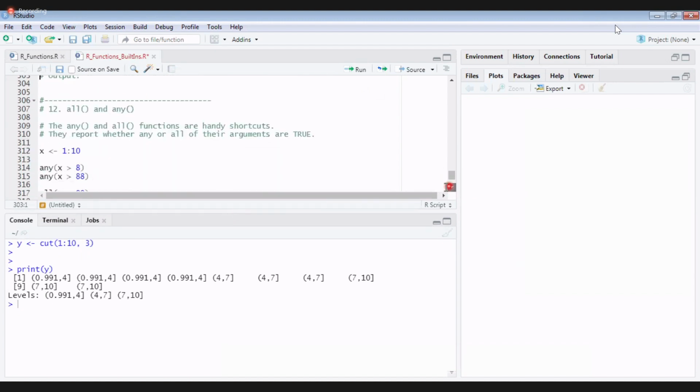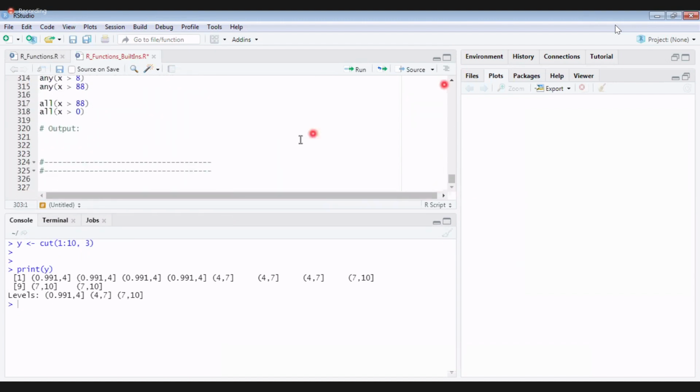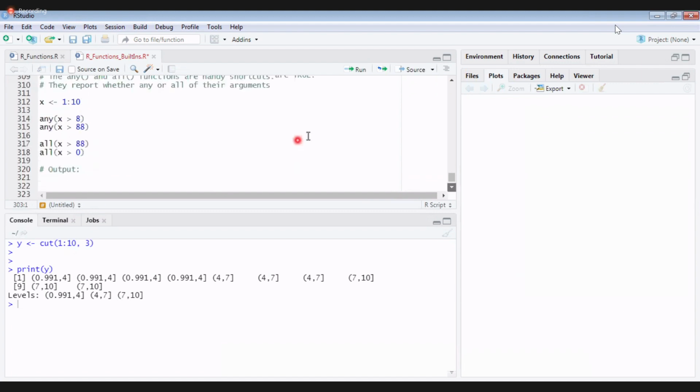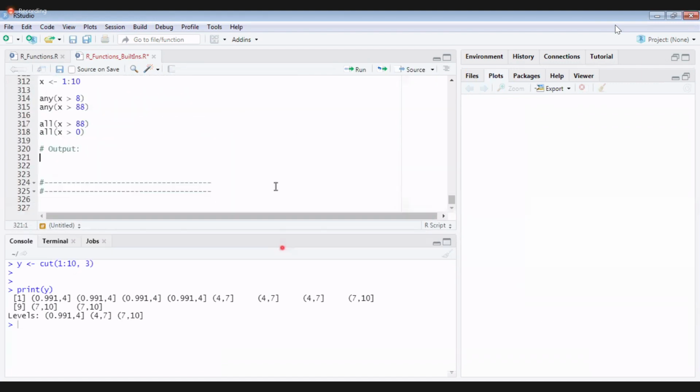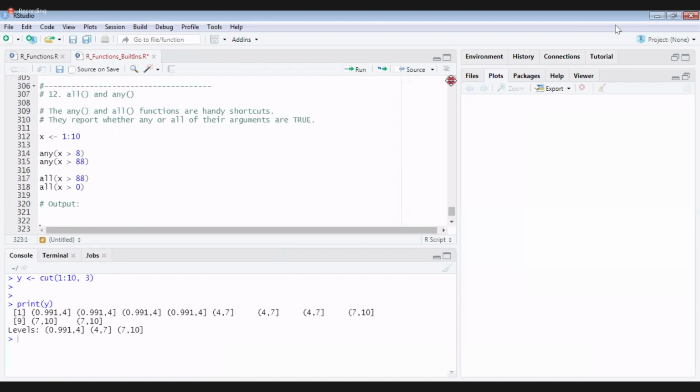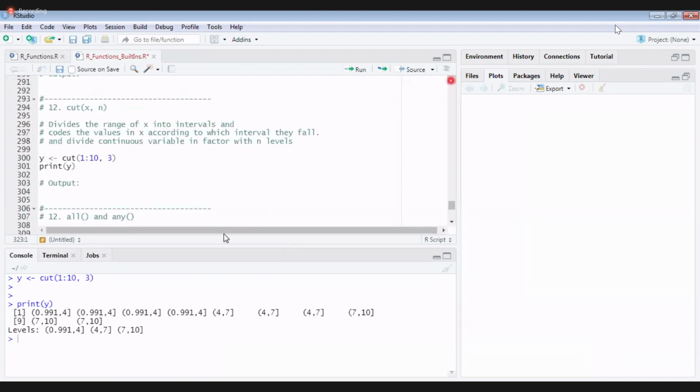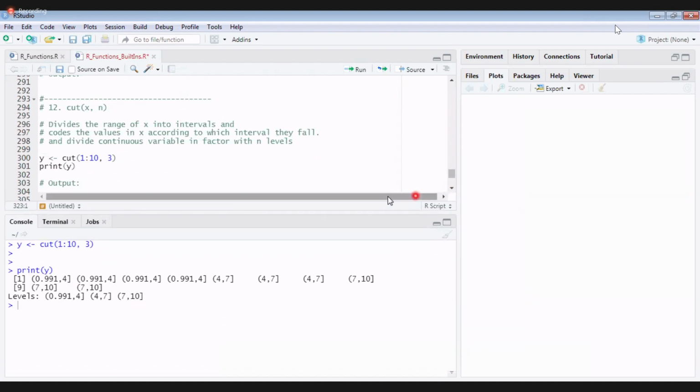Observe the output. So 1 to 10 has been divided into 3 intervals. These intervals: 0.991 to 4 is one interval, 4 to 7 is one interval, 7 to 10 is one interval. It has divided it.